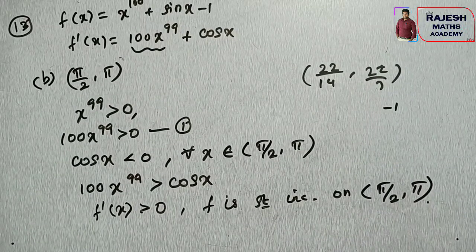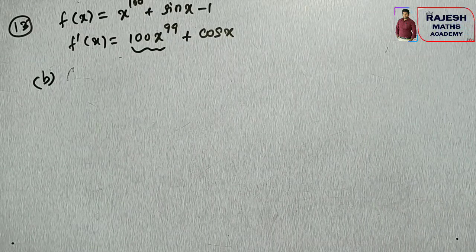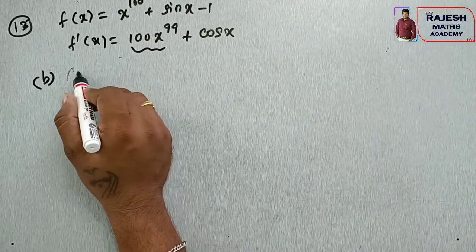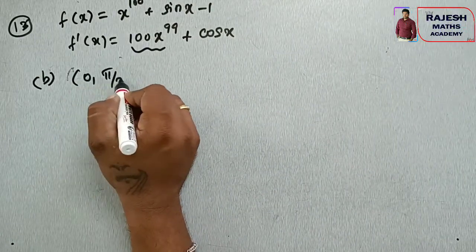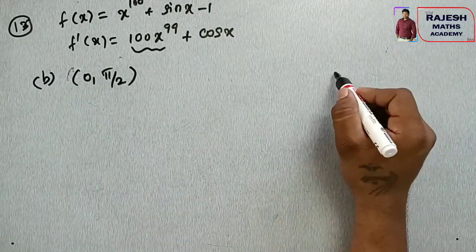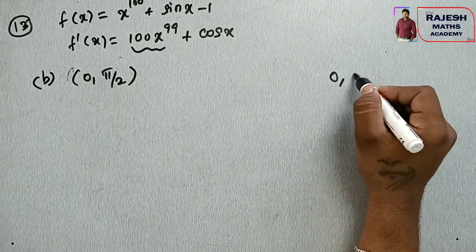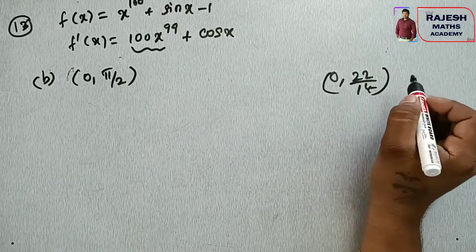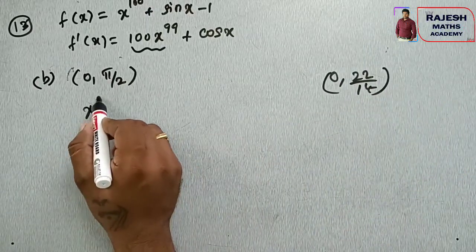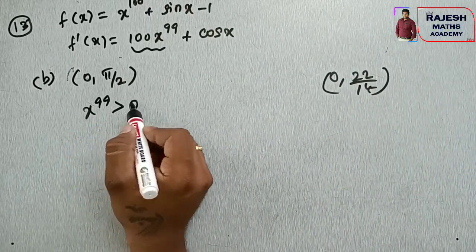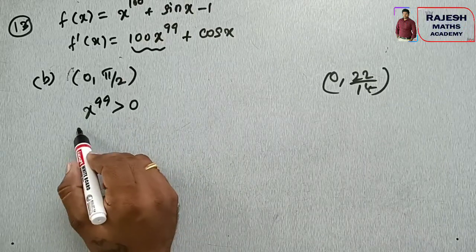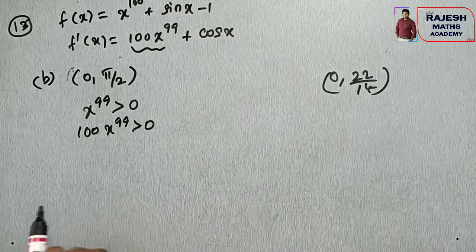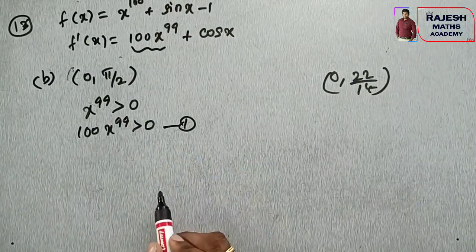Next, option C. Option C is 0 to pi by 2. As I told already, with pi value 22 by 7, 22 by 14 will come. Both are positive, so clearly x power 99 is greater than 0. Multiplying 100 both sides, 100 into x power 99 is greater than 0. We take it as equation number 1.